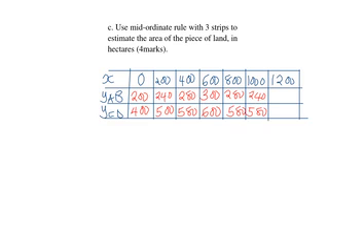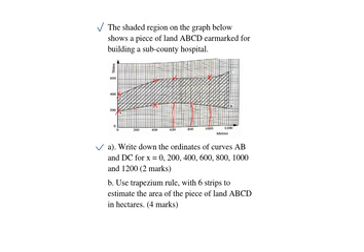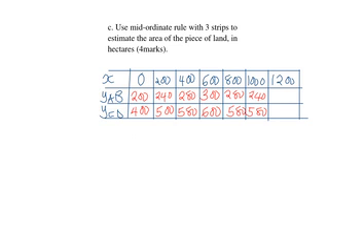Lastly, we look for the values of y when the value of x is 1200. So on the curve AB we have 200, on the curve CD we have 640. So this is 200, 640.